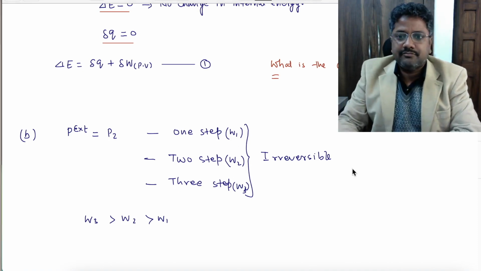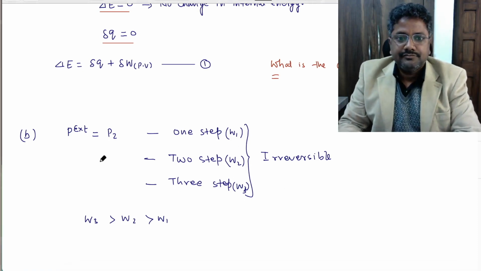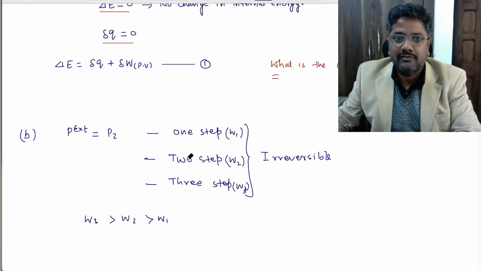In three steps, more work will be delivered to the surroundings compared to two steps, and in two steps more than one step, and all these steps are irreversible.